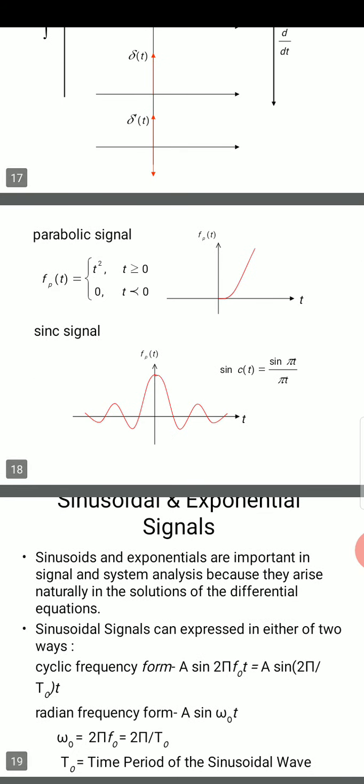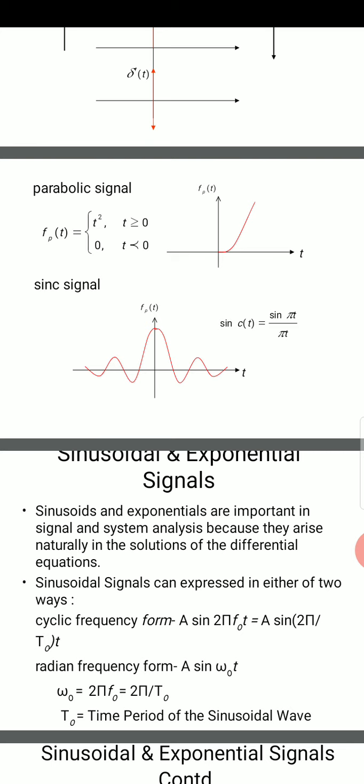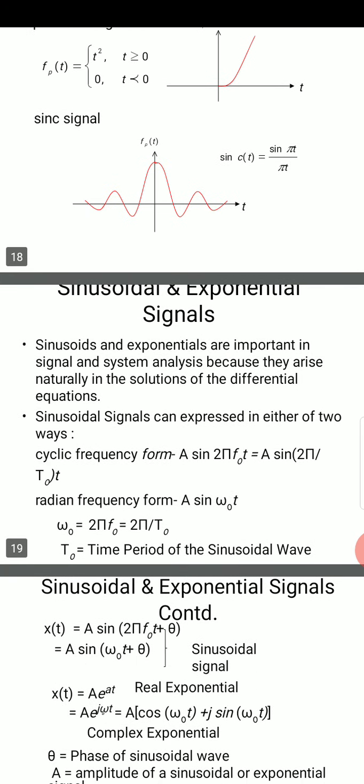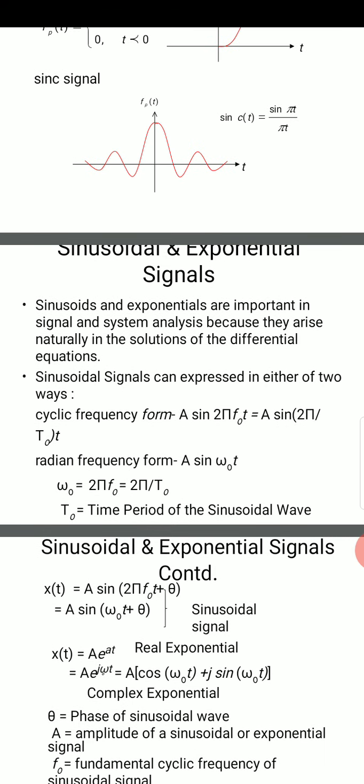And second, the sinusoidal signal can be expressed in either of two ways. The first is the cyclic frequency form, A sin(2 pi f naught t), and the second is the radian frequency form, A sin(omega naught t). Again, with a phase, A sin(2 pi f naught t plus theta), where theta is the angle.